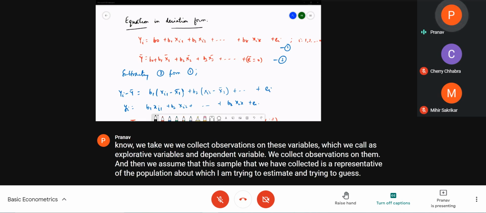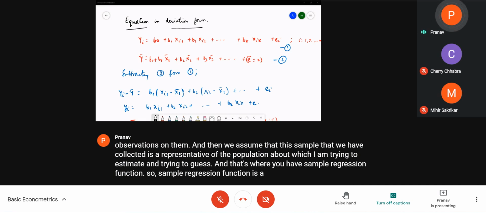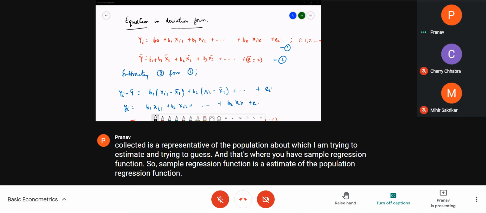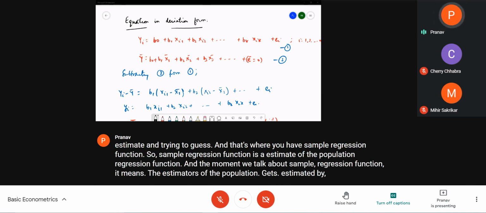And that's where you have the sample regression function. So the sample regression function is an estimate of the population regression function. And the moment we talk about the sample regression function, it means the population parameters get estimated by the sample parameters.